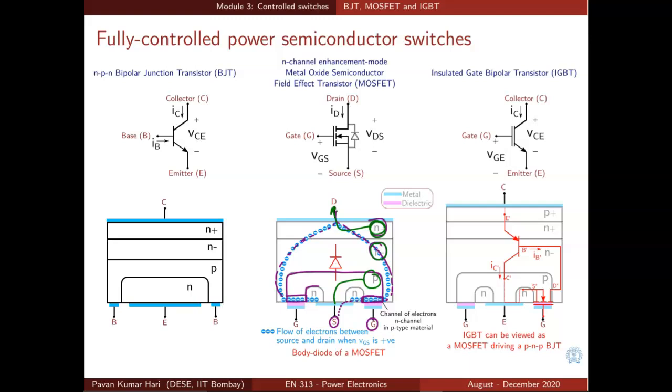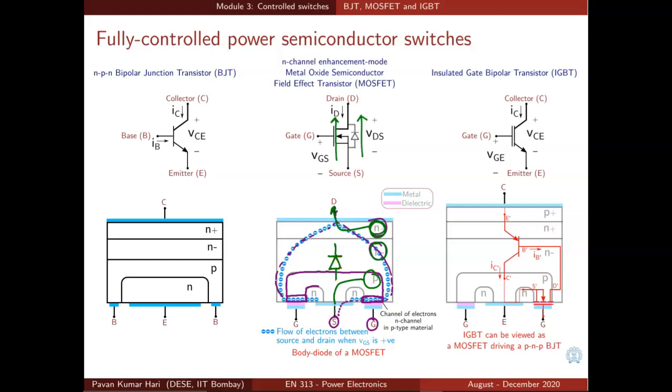From source to drain you can imagine that as a diode. This is known as body diode, which is always present in a MOSFET just because of the way it is constructed. So conduction in reverse direction, that means flow of current from source to drain, can happen in two ways in a MOSFET. It can happen through the body diode, which is a PN junction, or it can also happen through the channel.